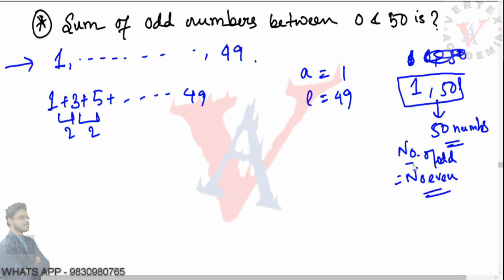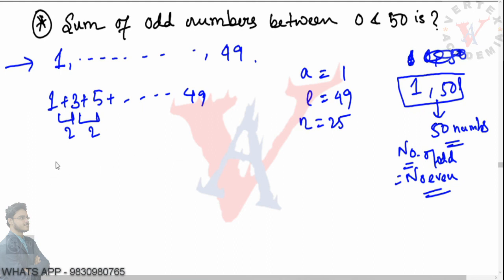Therefore, the number of odd and number of even must be half. Like if there are 50 numbers, there must be 25 odds and 25 even, right? I hope this is clear. So if 25 are odd, therefore here the number of terms is 25, because if we exclude 50, which is even, and the last odd is 49, the total number of odds between 1 and 49 will be 25.